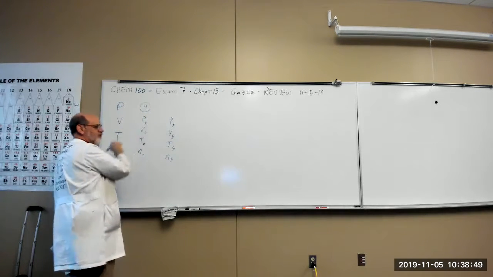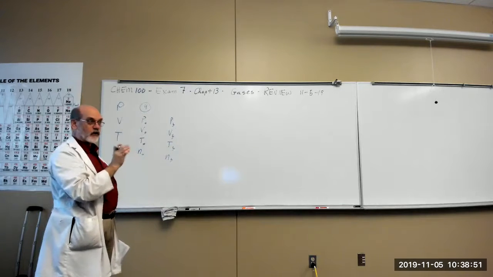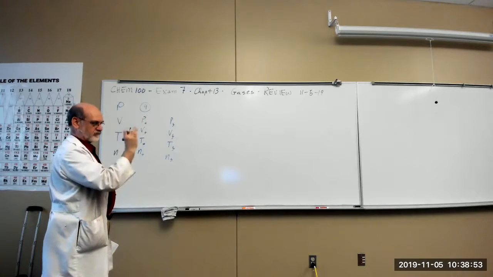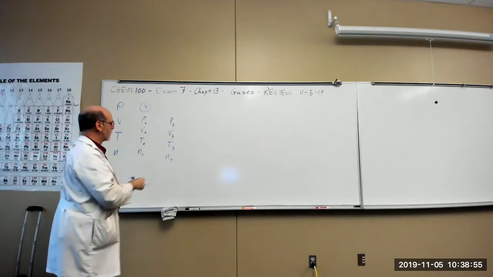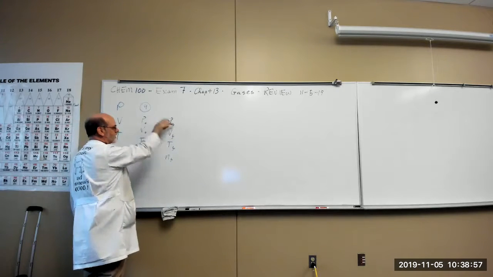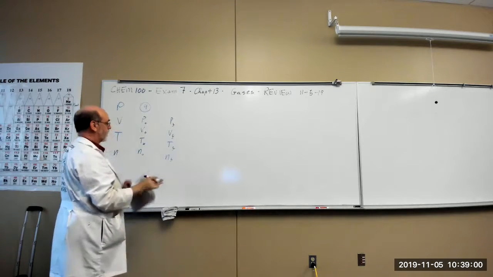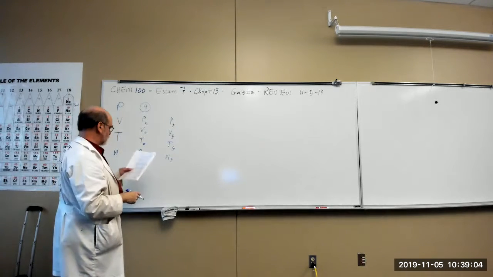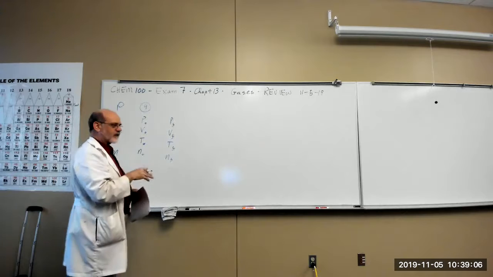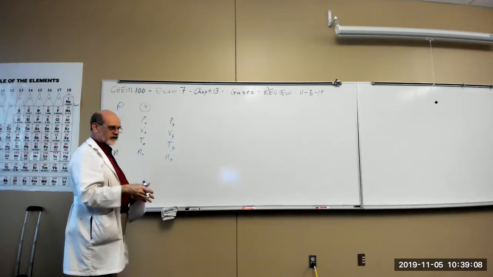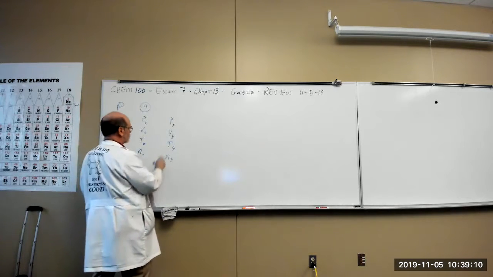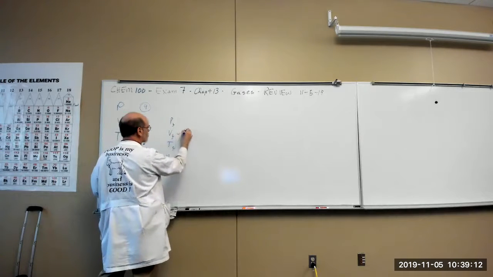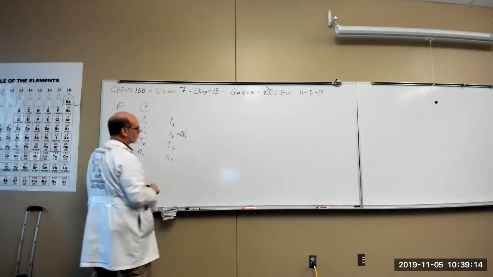So little zero means initial. How does it start out at condition or position 0? And then final is how does it end up? All right. So let's see what we're given. You double the volume. So that means the final volume is twice what the initial volume was. This one is equal to twice the initial volume.